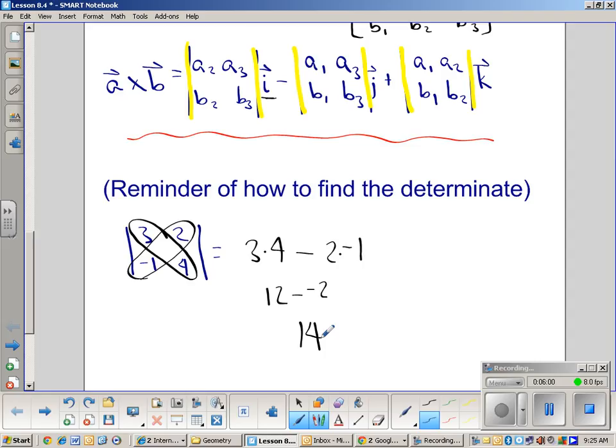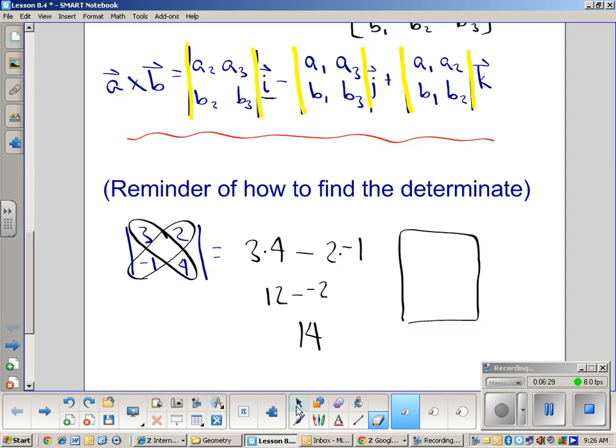So in algebra 2, we would have said find the cross product, and the answer would have been 14. Today we're saying find the determinant of that, and the answer is 14. That's what we have to do on each of these to find out what each of these numbers represents.